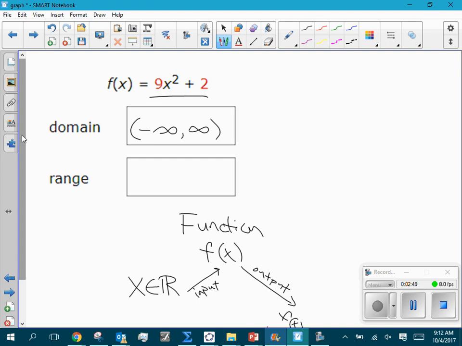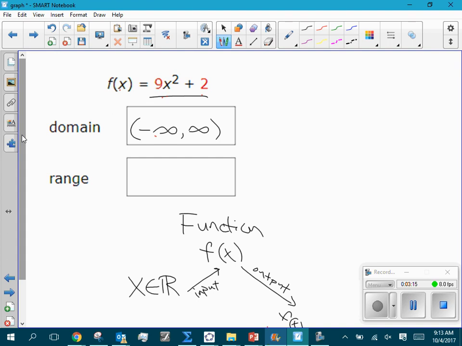Choosing something on the number line, square it, it gets you somewhere else on the number line. Multiply that by 9, does it put you somewhere else on the number line? Add 2 to it, does it still put you somewhere on the number line? So every single x value you can imagine, if you do these operations to it, you will still get back a real number. Input a real number, output a real number. And that means that our domain is negative infinity to positive infinity.